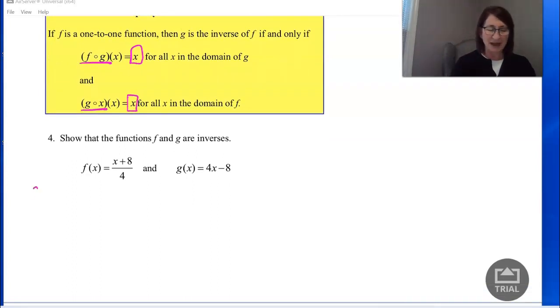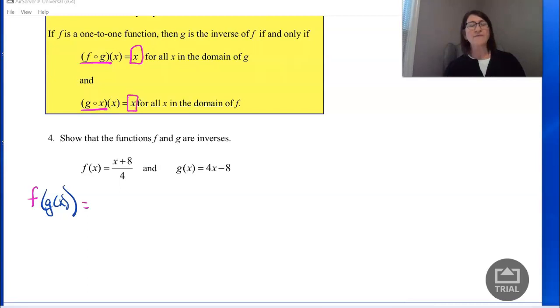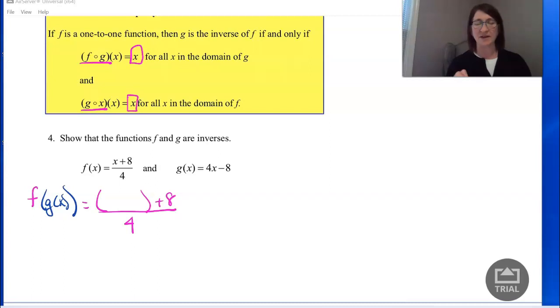So if I've got f of g of x, that means my f function is kind of my foundation. So I'm going to draw my fraction bar, put a space there where x is, plus 8 in the numerator, 4 in the denominator. Now I'm going to drop in that g function, 4x minus 8.